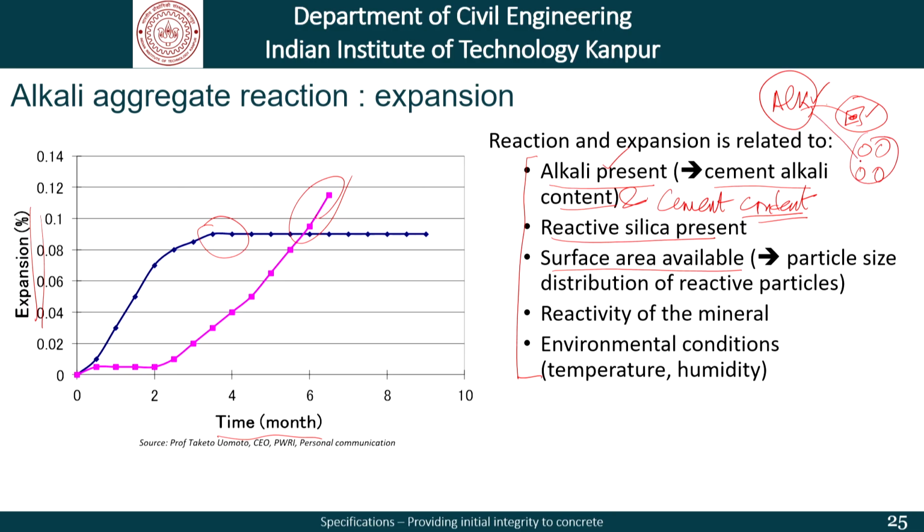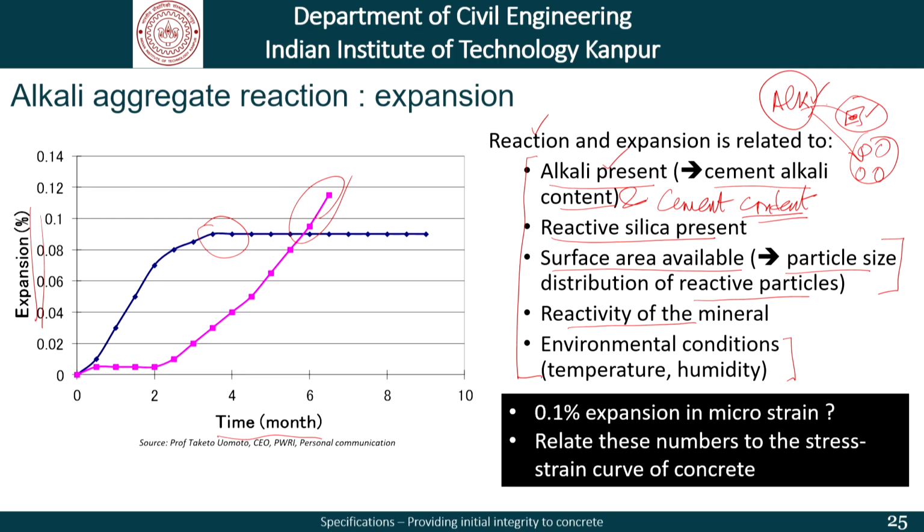So, that would determine the intensity of the alkali aggregate attack. That is what we are talking about here, that is the particle size distribution of reactive particles. And of course, the reactivity of the mineral and environmental conditions such as temperature and humidity. So, all this together would control and determine the reaction and the expansion.